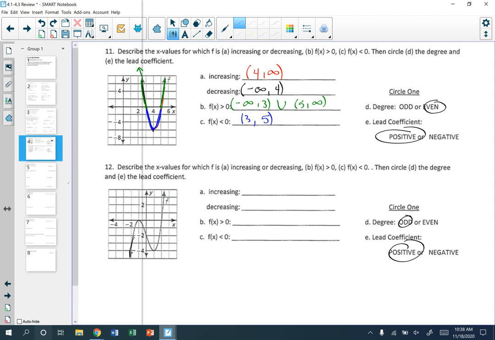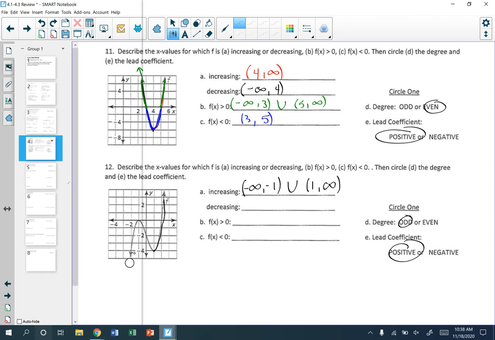If I trace here, I'm going up, right? So I'm increasing from negative infinity to negative 1. Then I start to decrease, and then I start to increase again at 1 to infinity. And again, we're going to connect those with a union symbol.